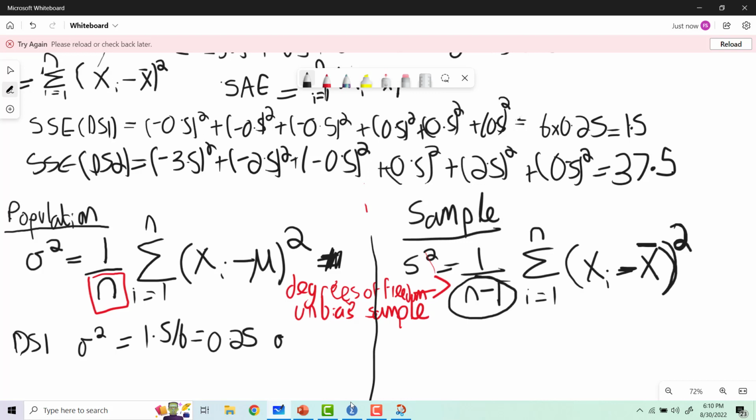Now sigma, which is basically the standard deviation, which becomes very important, is just the square root of the variance, the square root of sigma squared. Makes sense. So it's the square root of 0.25 equals 0.5.